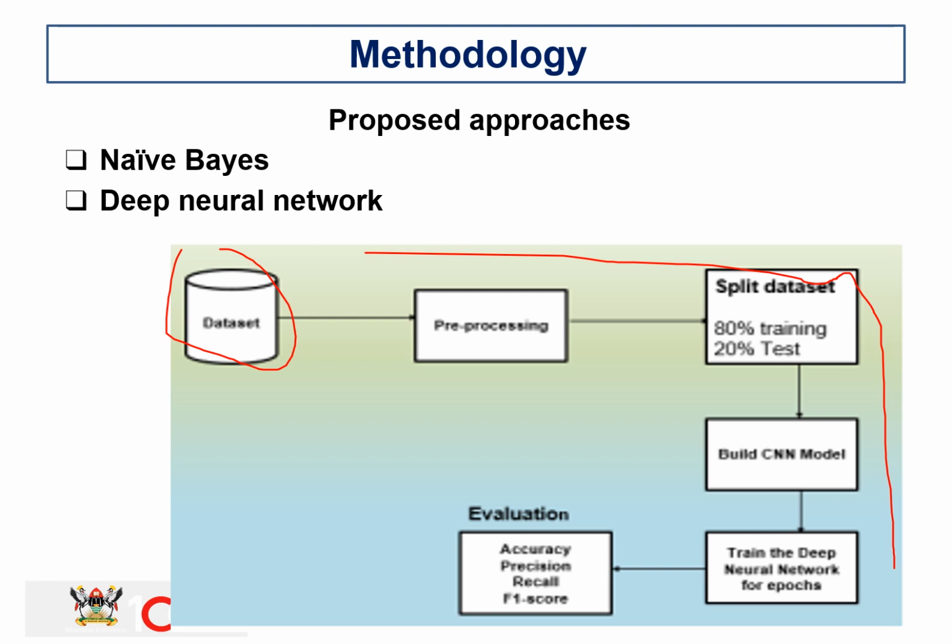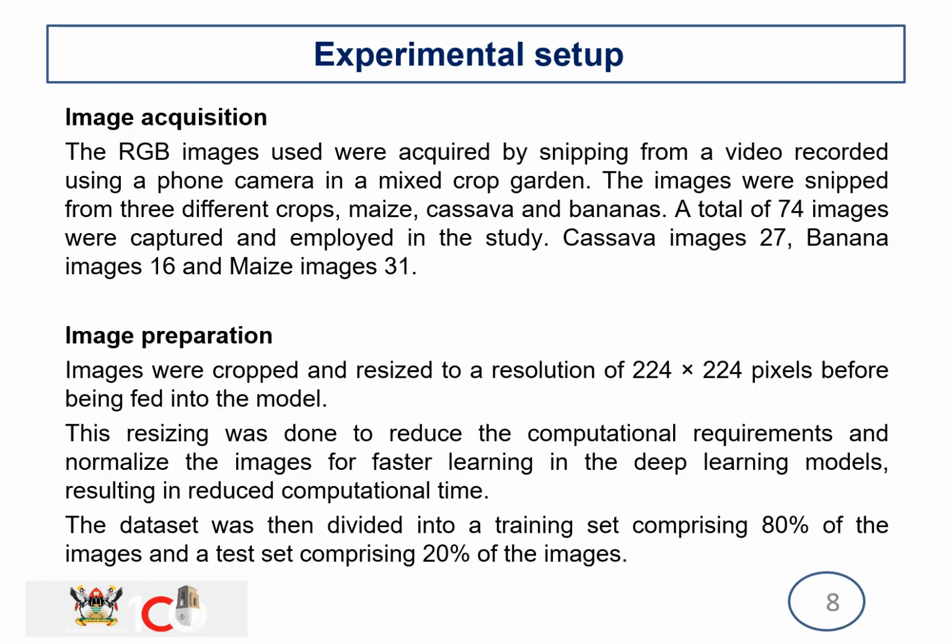We divide this data set into 80% for training and 20% for testing. We build the model, train it, and then evaluate it using accuracy, precision, recall, or the F1 metrics.